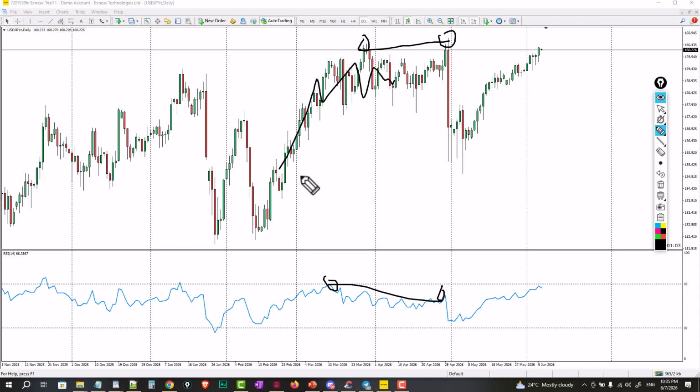That's not what we're going to be talking about in this week's episode. What we are talking about is hidden divergence. That is the divergence that you're going to see when the market is trending in one direction and you want to join the trend. Okay? So let's say you're a pullback trader. Remember, the market structure of an uptrending market is when price forms a high and then pulls back to form a higher low.